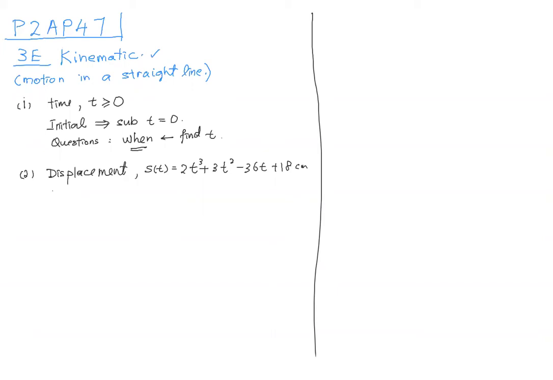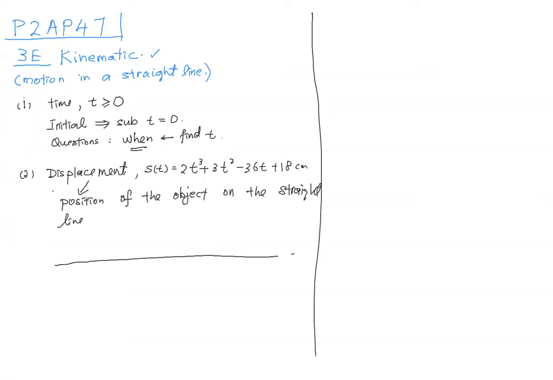We are talking about the position of the object on the straight line. That means we assume the particle moves along this straight line. So when we talk about motion in a straight line, this is displacement.